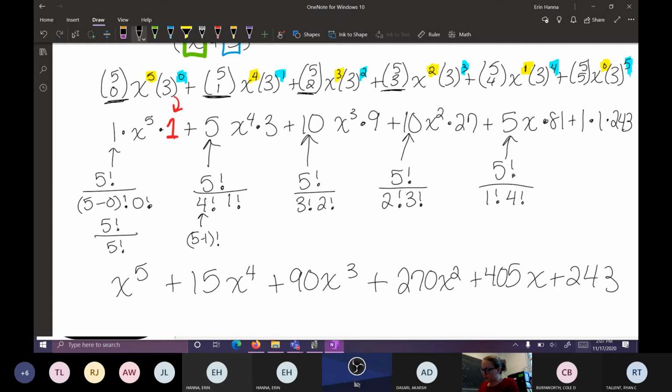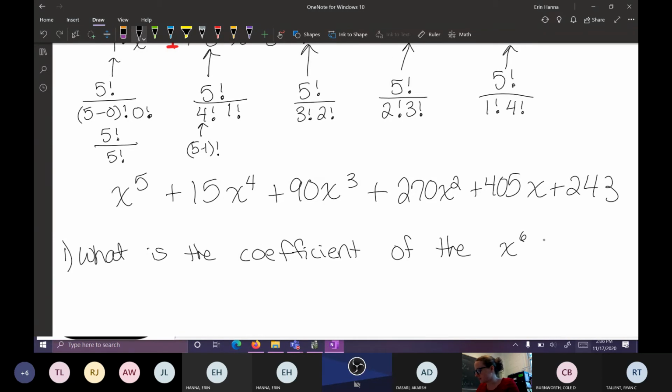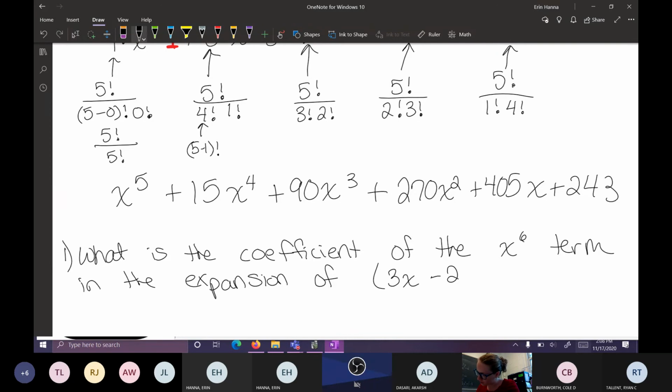So I would ask something like, what is the coefficient of the x to the 6th term in the expansion of, let's go a little gross, but not terribly gross, 3x minus 2 to the 8th.